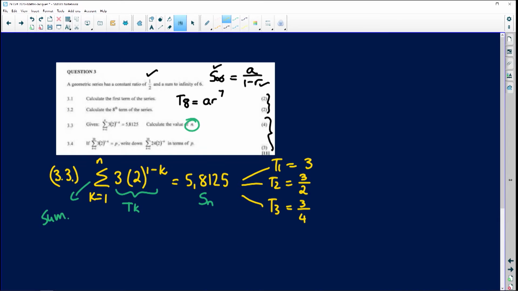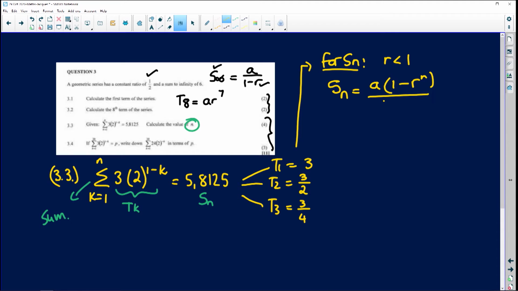For Sn, we acknowledge that our constant ratio is smaller than 1, so Sn will be A, 1 minus r to the n, over 1 minus r. Sn I have is 5,8125. The first term is 3. 1 minus the constant ratio, which we see is a half.